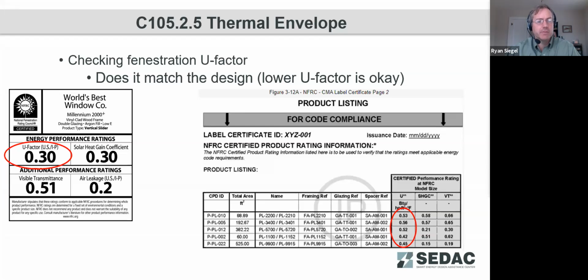For site-built fenestration, these have to be separately rated, and this sticker would not necessarily be applied to the window, but this would be a printout report and a printed out label supplied to the code official for the inspection. So making sure that we do have our U factor and again that it complies with the code required and more specifically, does it match the original design?